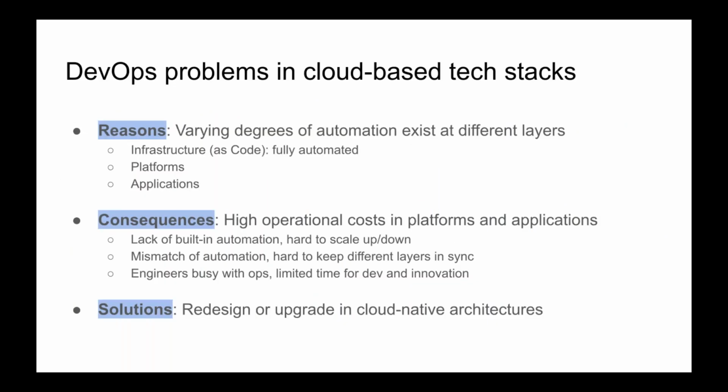However, in reality, this is not always the case. Especially this is a new thing in cloud computing. So we often observe similar DevOps problems in cloud-based tech stacks. The reason is that we see varying degrees of automation across different layers.